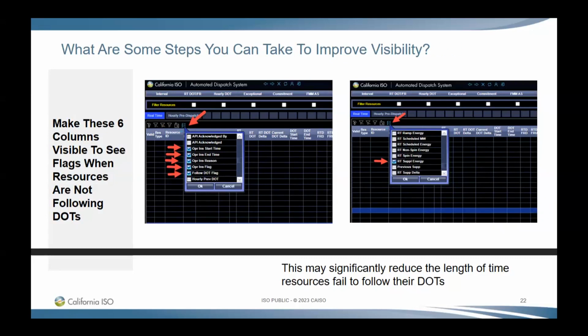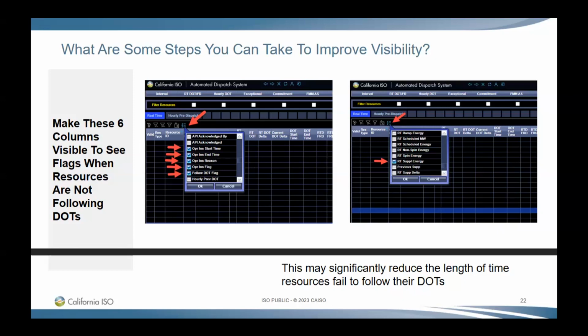I think for more traditional resources this hasn't been as necessary, but with variable energy resources it's much more important because you have a lot more frequent changes. So going into ADS and marking the following columns visible will allow you to see when the resources are not following their dispatch operating targets.